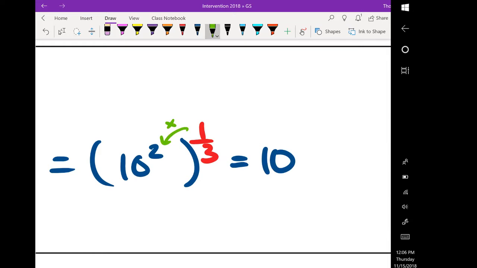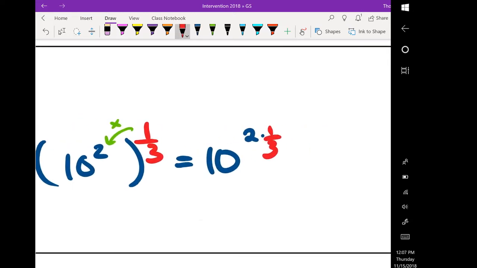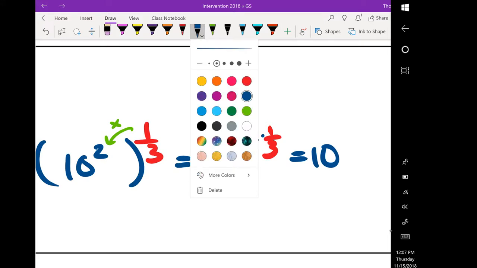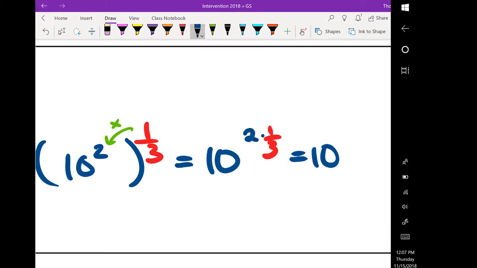So 2 times 1/3, we could rewrite that as 10 raised to the 2 times 1/3. And we could also rewrite that, if we remember our fraction rules, as 10 raised to the 2 divided by 3, or 2/3. A good way to look at this would be 2 divided by 3.